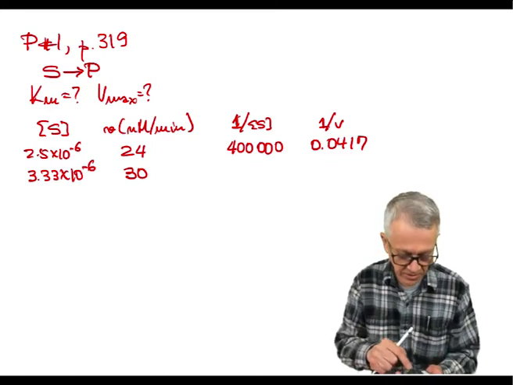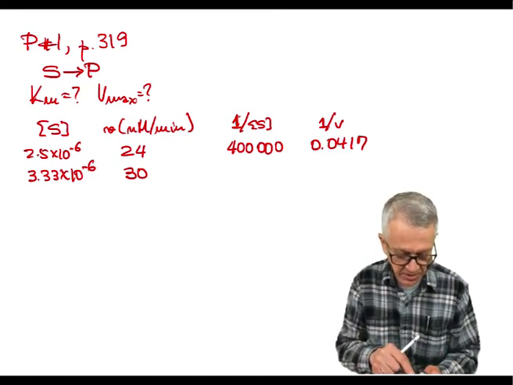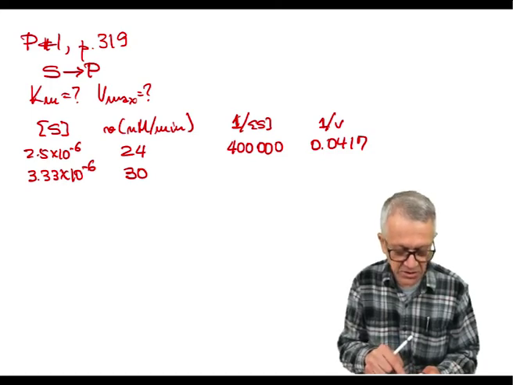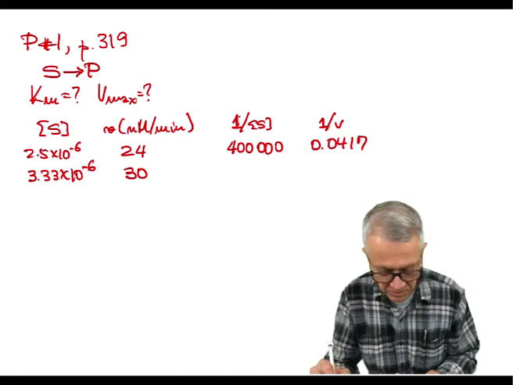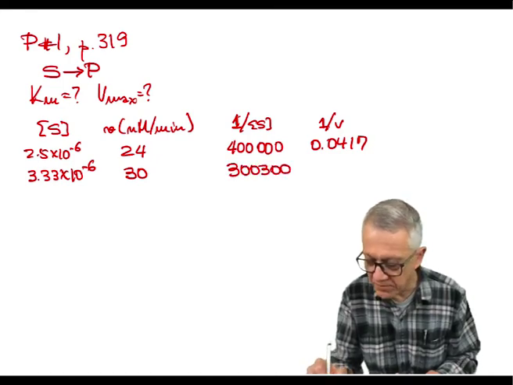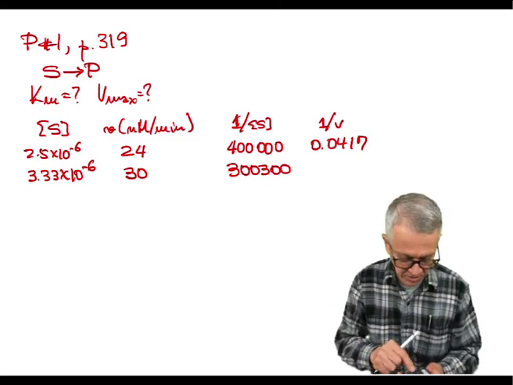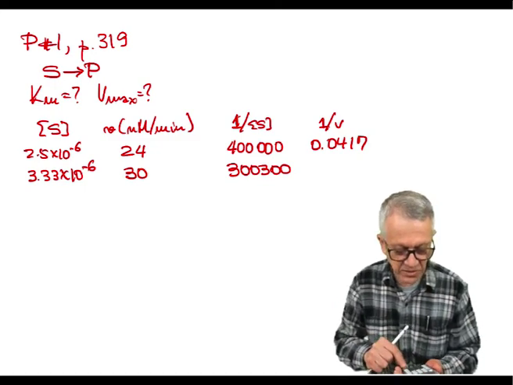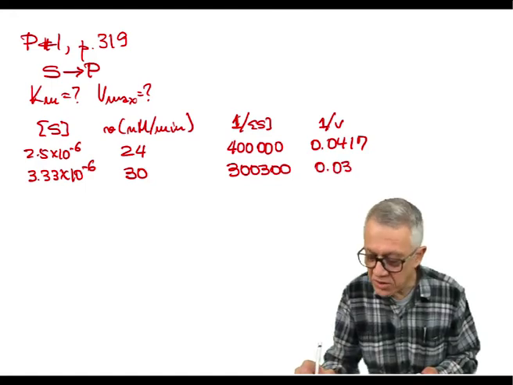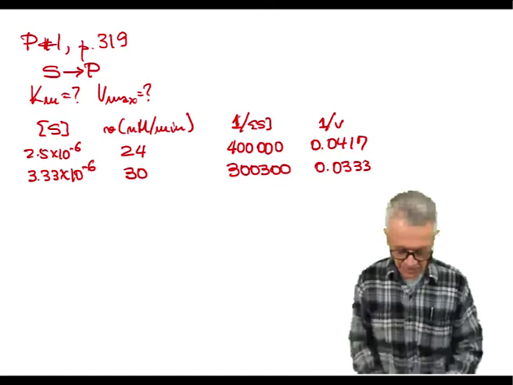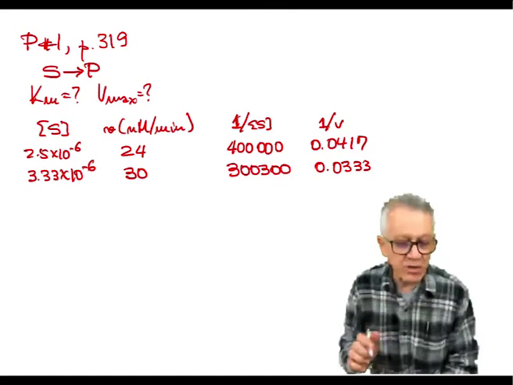For the other one, 3.33 times 10 to the power of negative 6, invert that number, we get 300,000. And for the velocity of 30, the inverse of that is going to be 0.0333.